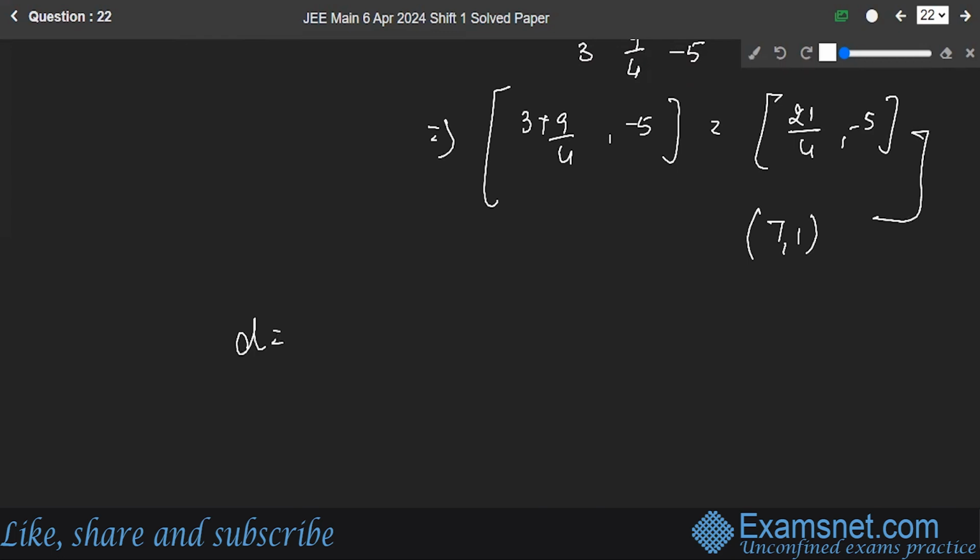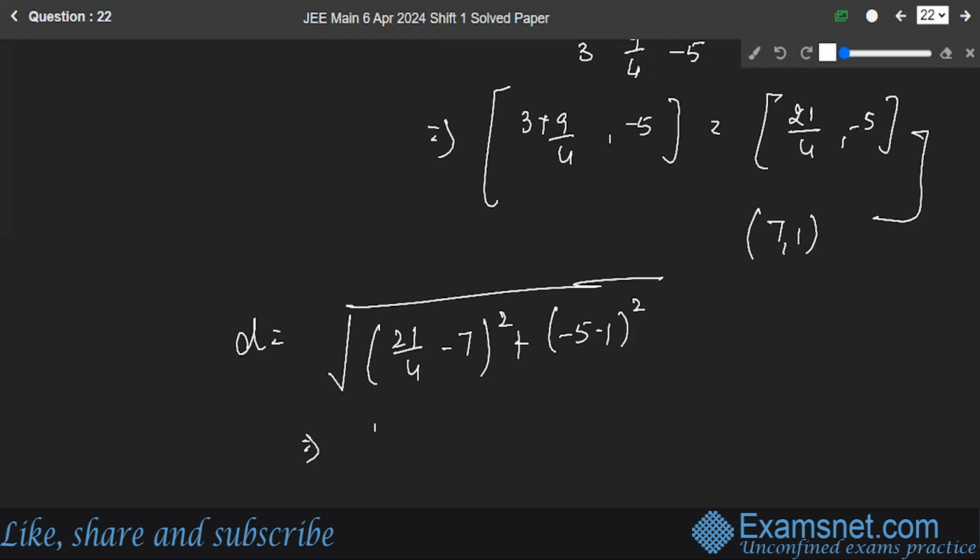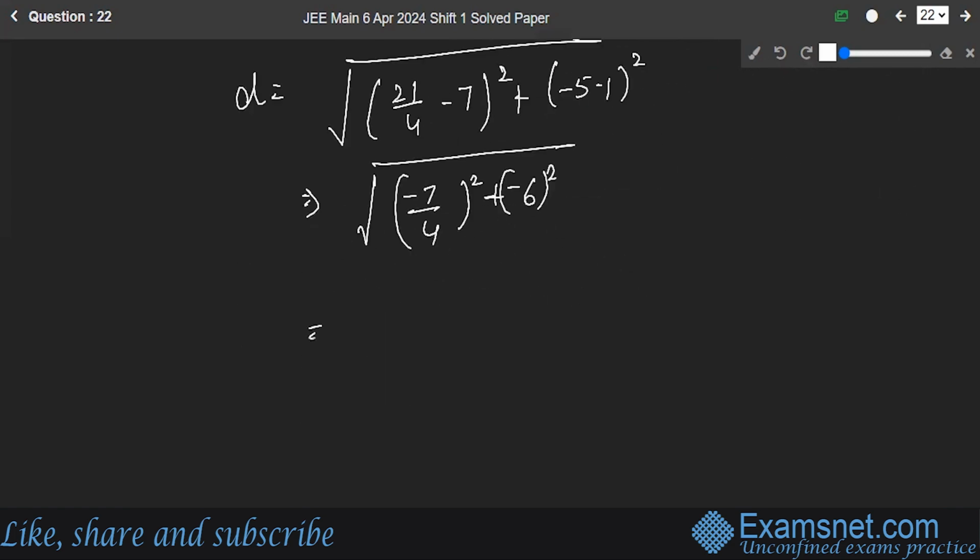D is equal to root of 21 by 4 minus 7 square plus minus 5 minus 1 whole square. This is equal to root of minus 7 by 4 square plus minus 6 square. Okay. So this will be equal to 49 by 16 and 36, right?